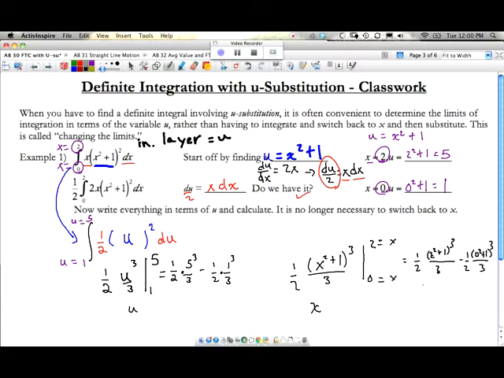And if I were to simplify those values in the parentheses, I would have 1/2 5 cubed over 3 minus 1/2 1 cubed over 3.